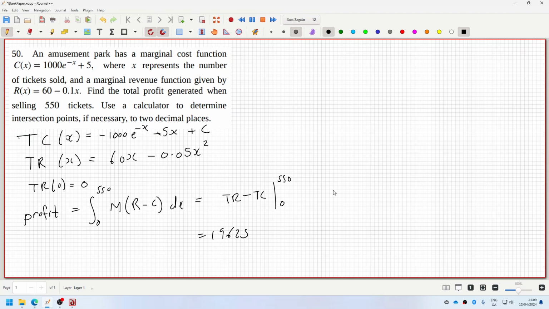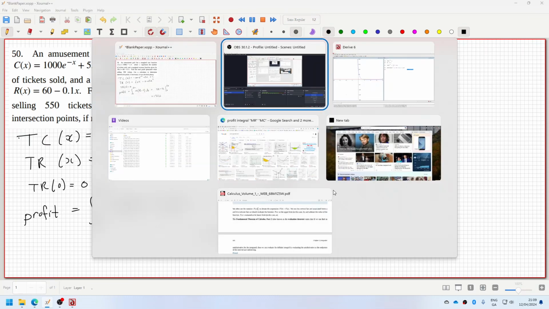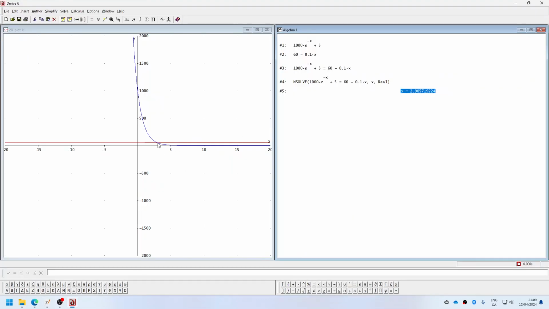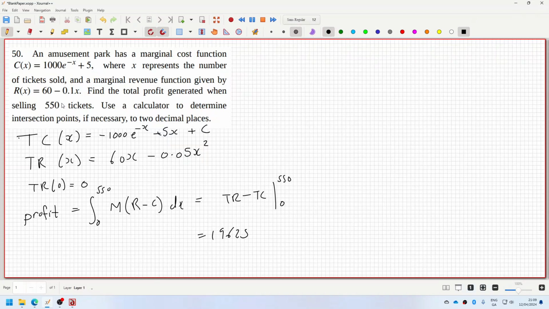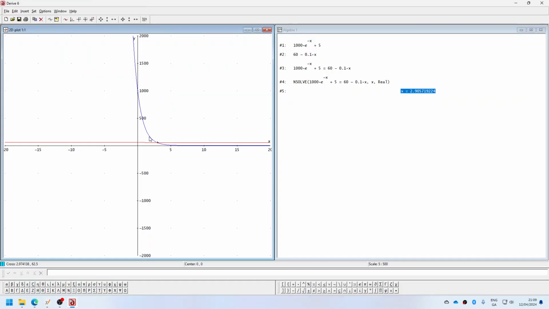So it seems like the intersection point here is a little bit unnecessary to calculate, because this is quite small. So going from 0 to 550, and then the effect of this up to 550, but correct in here.